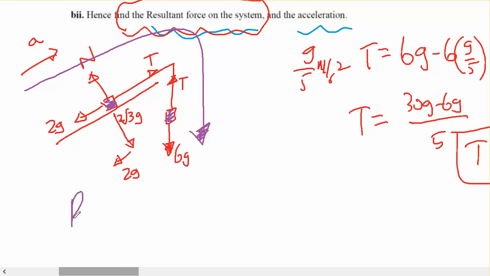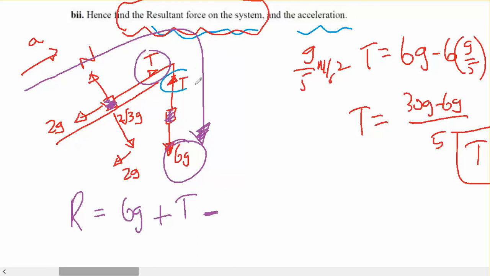The resultant force in the whole system will be any forces in the direction of motion, 6g plus T, minus any forces in the opposite direction of motion, which is T minus 2g minus friction, which is 2g.